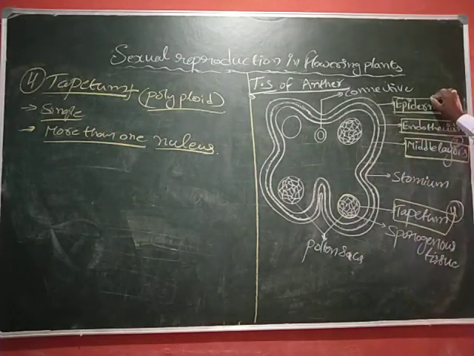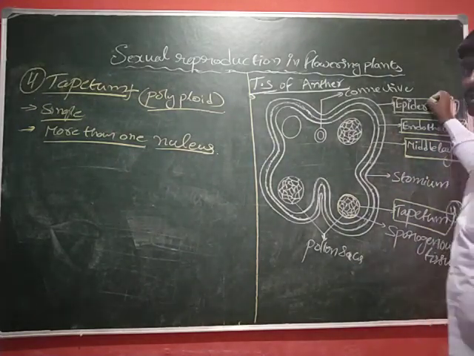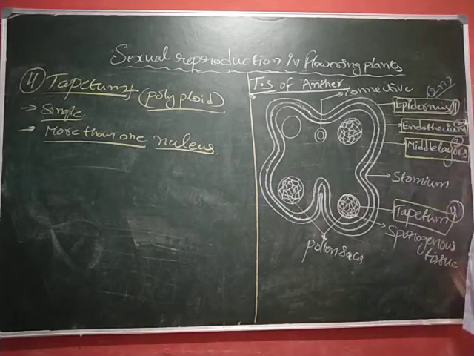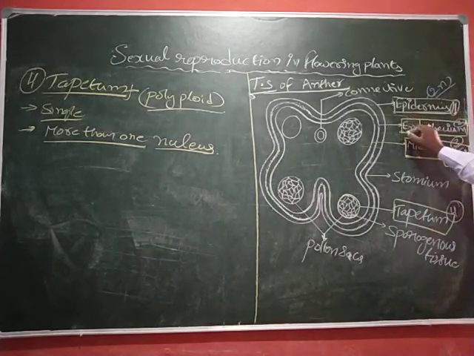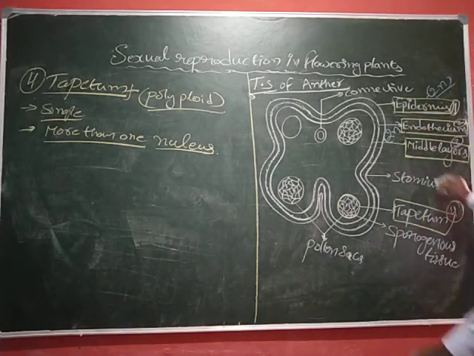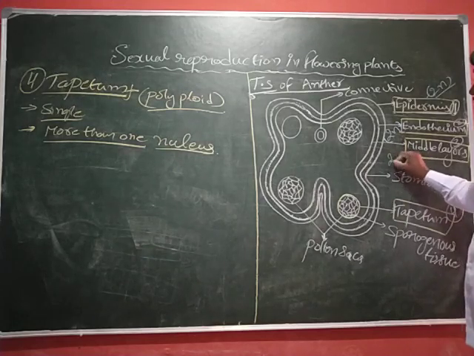Ploidy means chromosomal condition or chromosomal status. The ploidy of the epidermis is diploid in nature; it consists of only two sets of chromosomes. The endothecium also has a diploid number of chromosomes. The middle layer is also diploid.